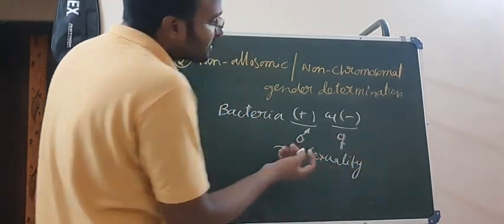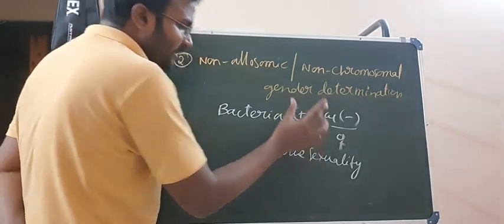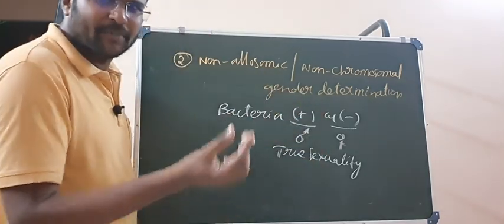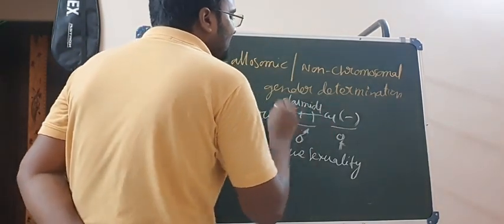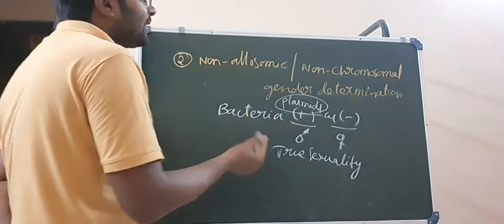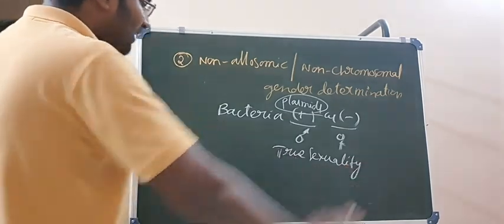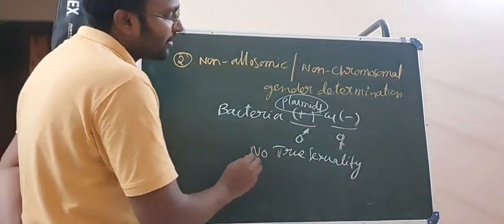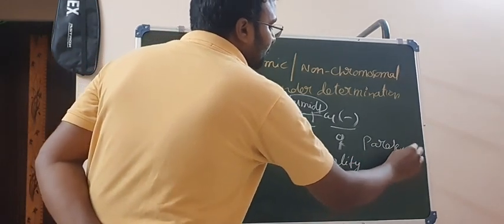Because of the presence of certain genes, particularly because of the presence of some plasmids, one bacteria is considered as plus or male, the other bacteria is considered as female actually. So this is not a true sexuality actually, no true sexuality present. We call this condition parasexuality.